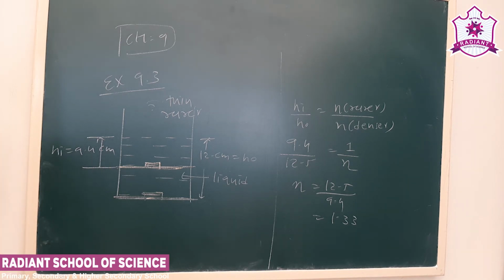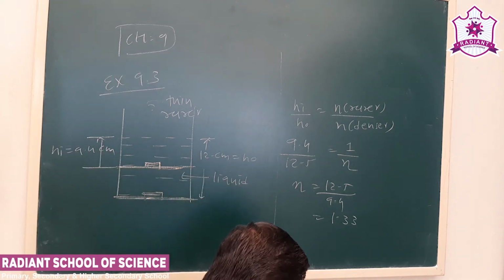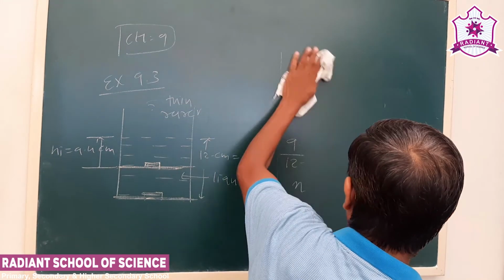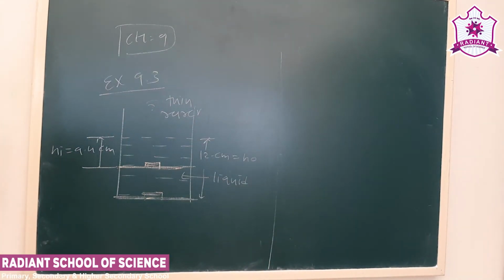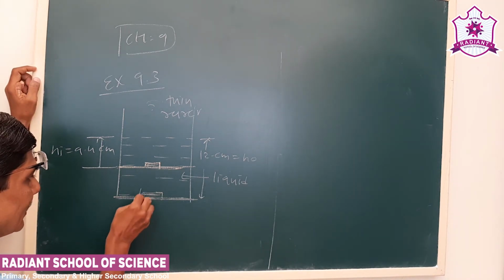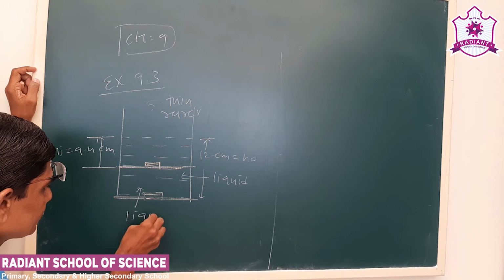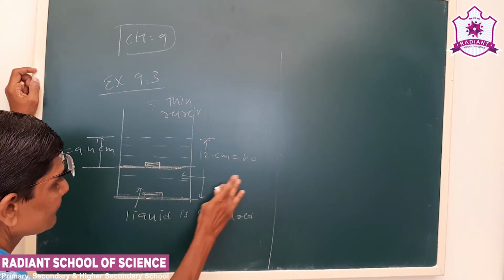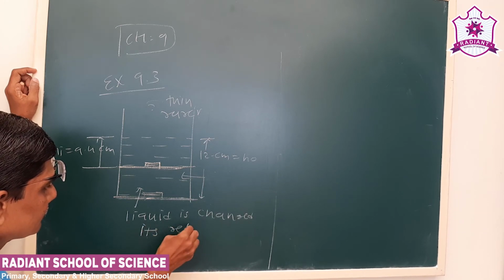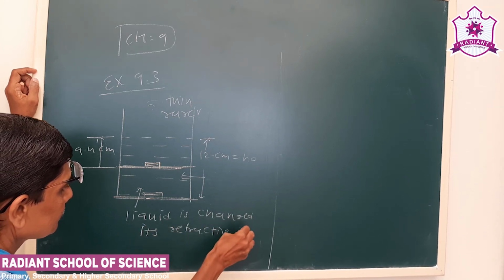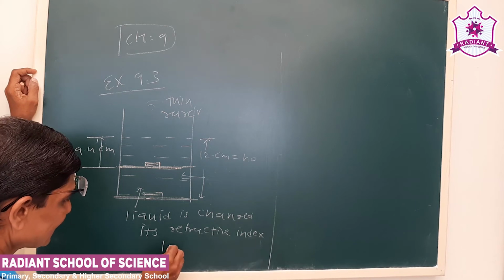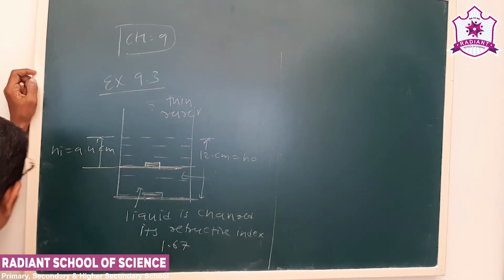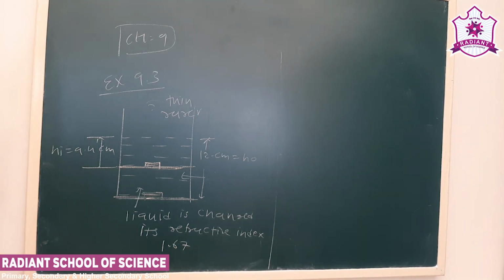Now let us say another question. See, instead of water, whose refractive index we have obtained, now the refractive index of the liquid is changed to 1.63.